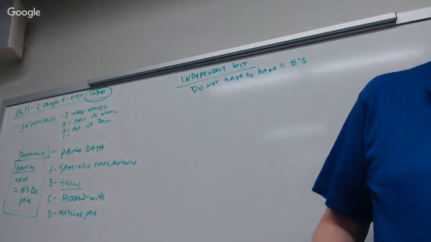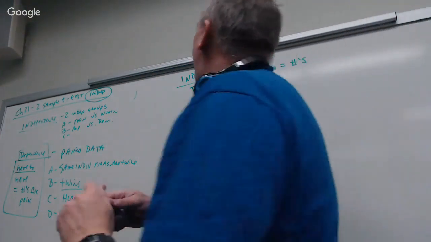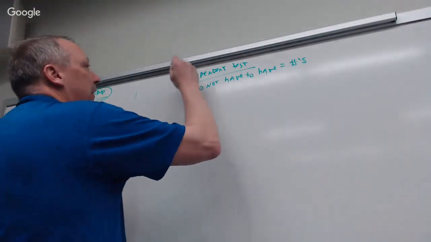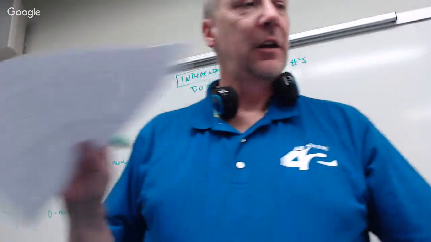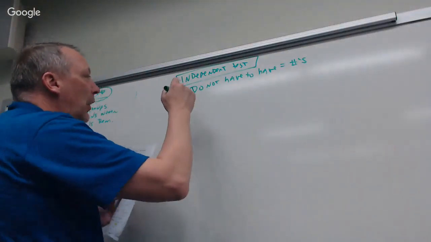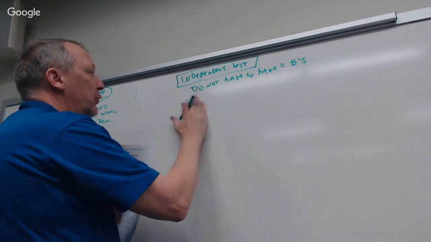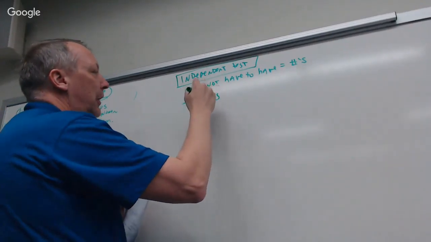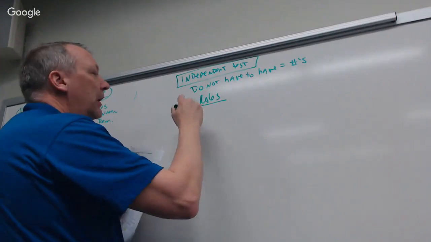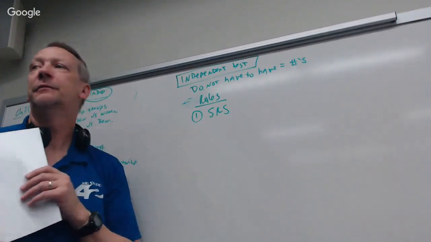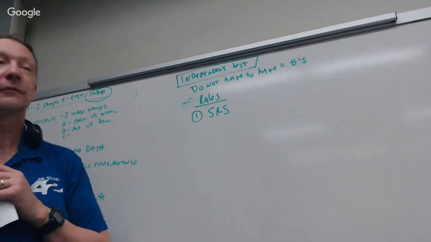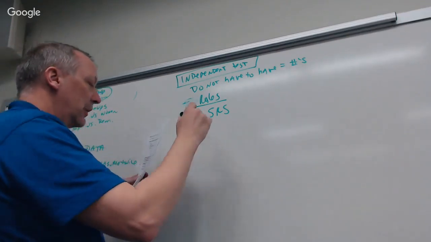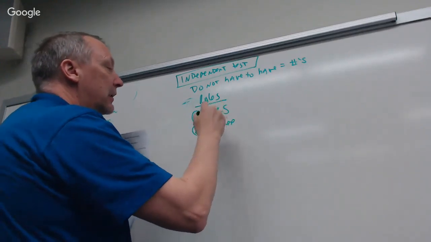All right, I'm going to focus on the independence test. Let's talk about the rules. Number one, they need to be a simple random sample, for the independent test. Number two, they must be independent.